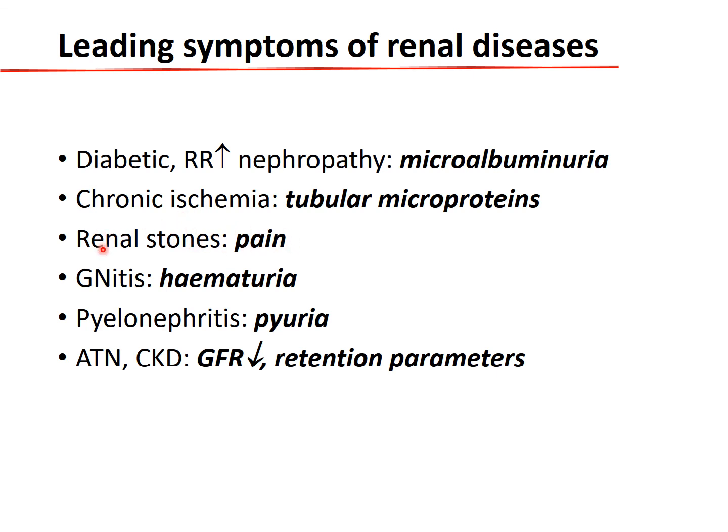Pain, for example, renal stones; hematuria, glomerulonephritis; pyelonephritis; or reduction of the GFR and increase of the retention parameters indicate acute tubular necrosis and chronic or acute kidney diseases.